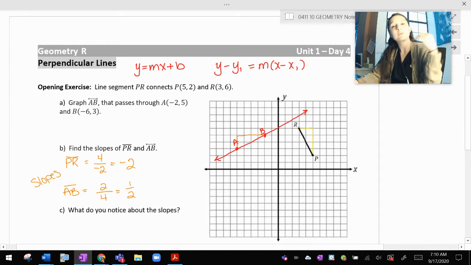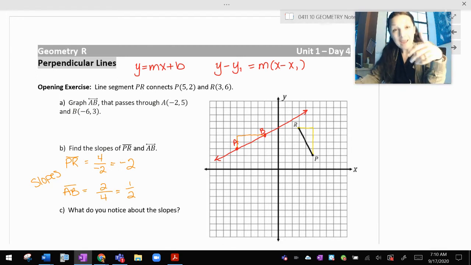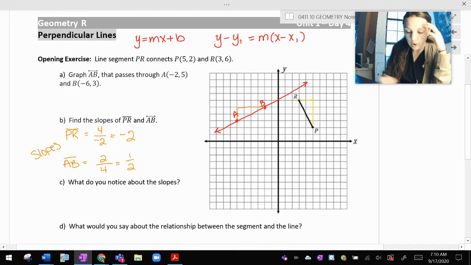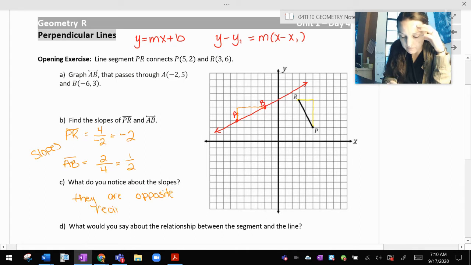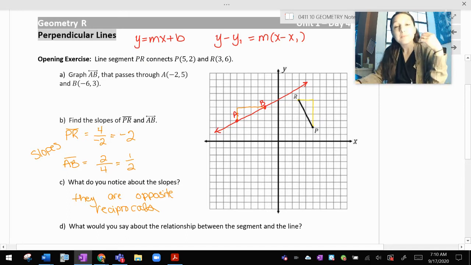What do I notice about the slopes? Well, negative 2 and 1/2 are what we called a couple of days ago opposite reciprocals. They have an opposite sign and they flip upside down, because negative 2 is negative 2 over 1.